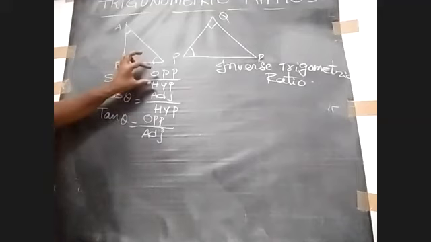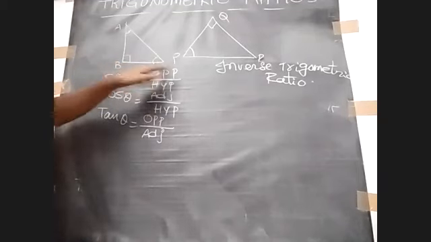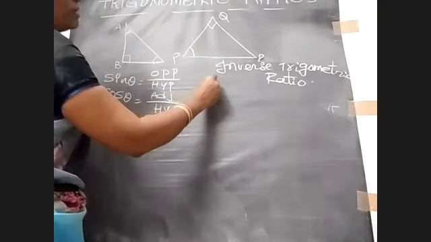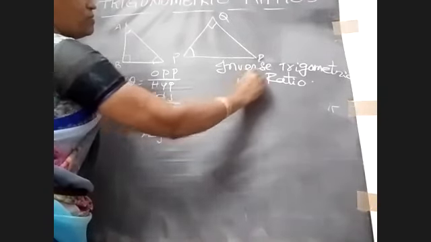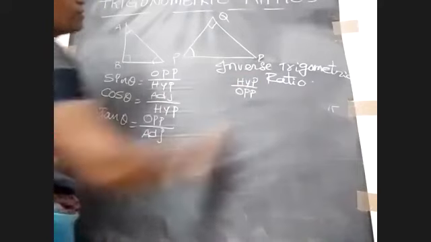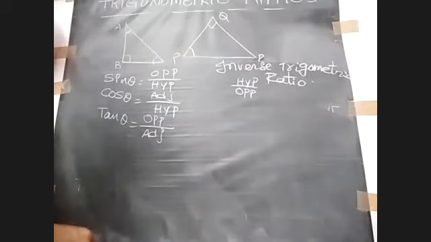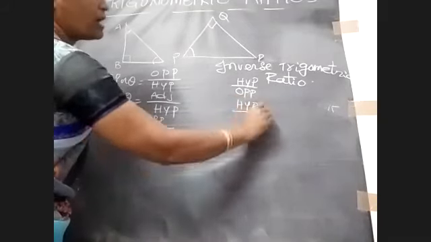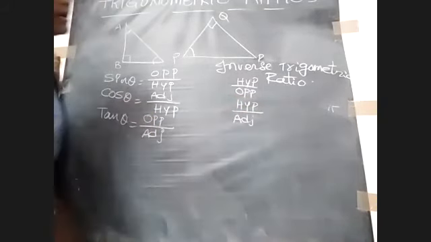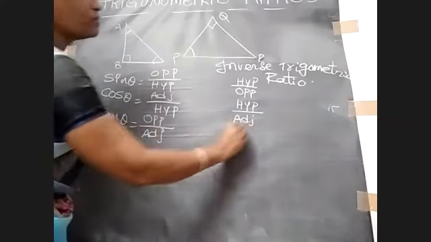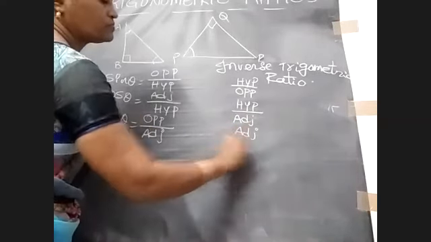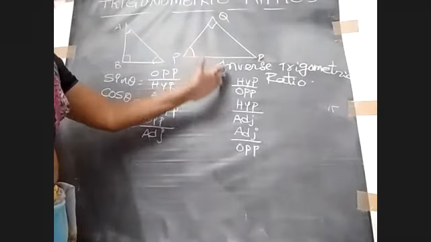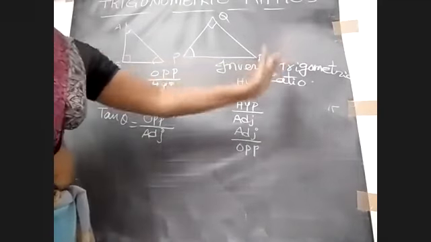If we reciprocate, what would the ratio be? Hypotenuse by opposite side of the given angle. Very good. And this ratio? Hypotenuse by adjacent side of theta. And this ratio? Adjacent side of theta by opposite side of theta. Very good.